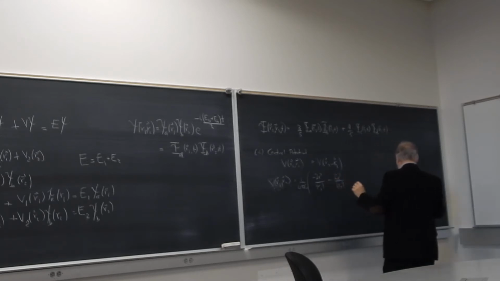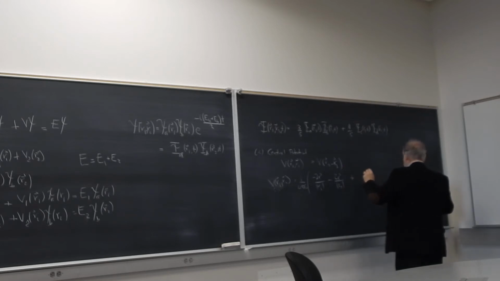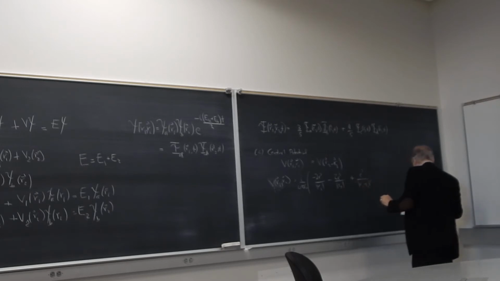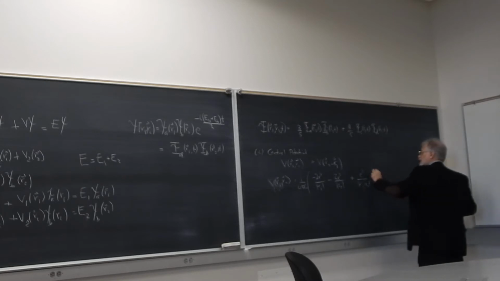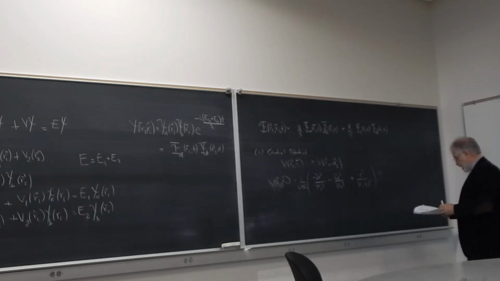This takes into account the Coulomb interaction with the nucleus, and then e squared over R1 minus R2, which takes into account the interaction between the electrons.